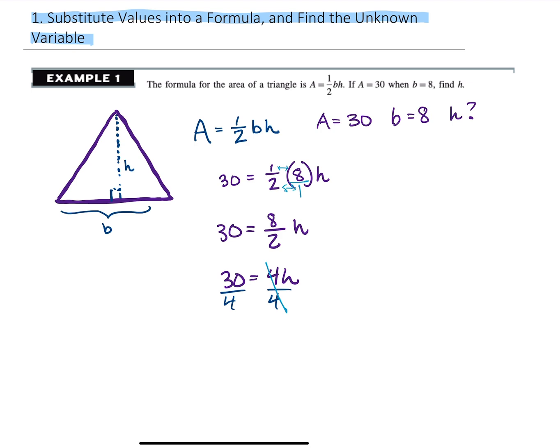So 30 divided by 2 is 15, and 4 divided by 2 is 2. And we're still left now with h on the side. And that's about as reduced as we'll get. 2 is prime. It can only be divided by 1 and itself, and 2 does not go into 15, so we'll leave it there. As a decimal, that would be 7.5.